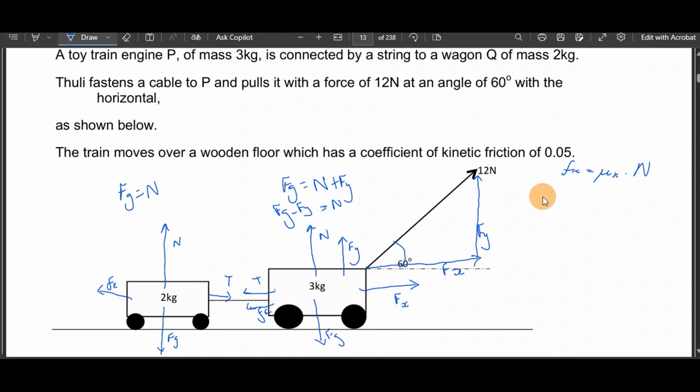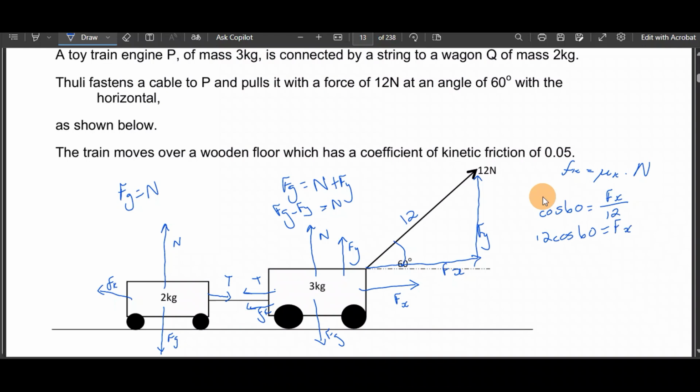So this is 12, and our horizontal is going to be adjacent, meaning it's adjacent over hypotenuse, which is cos, meaning cos 60 is equal to adjacent over hypotenuse. So you now see that 12 cos 60 is equal to Fx.